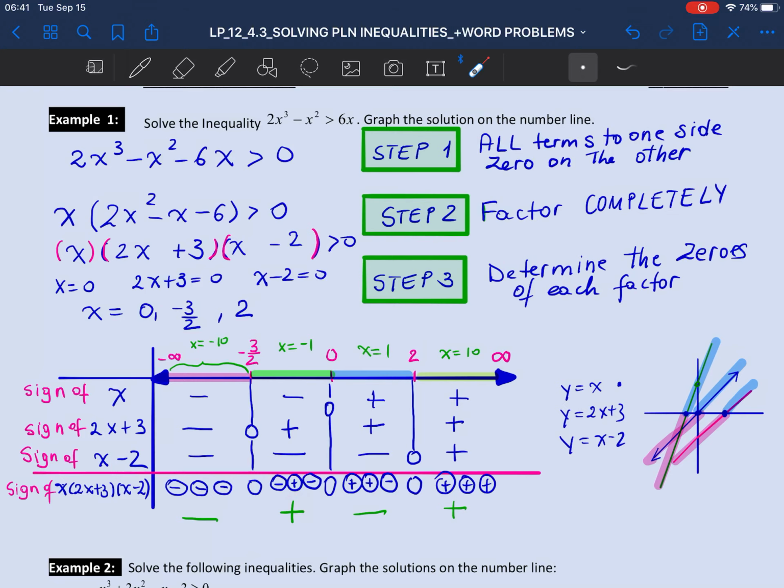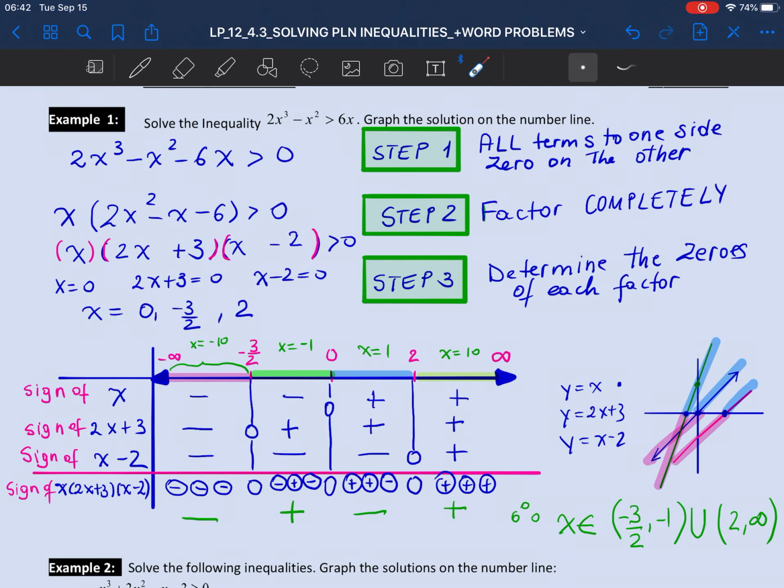Positive products occur for the x values in this interval from -3/2 to 0. And we have a positive product from 2 to infinity. Therefore, we're going to say that the solution will be x from the intervals (-3/2, 0) joined by (2, infinity).